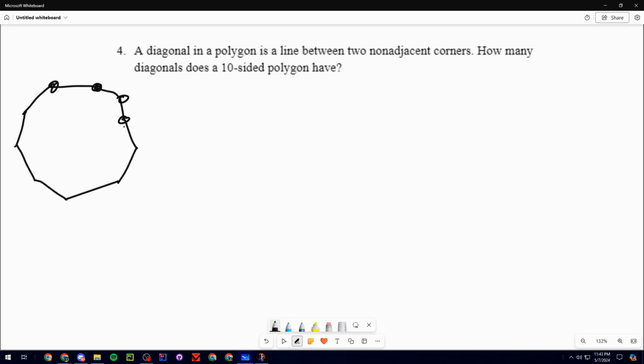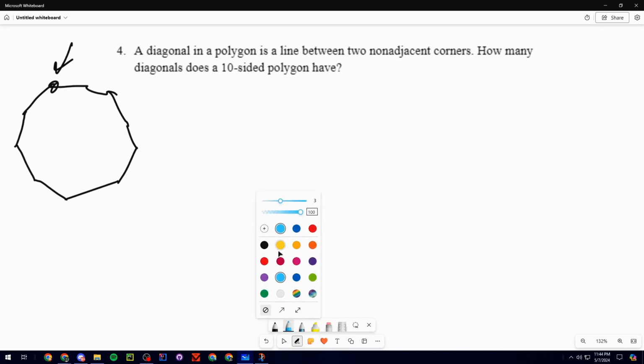So the big thing is, if we want to find a diagonal, what's the definition of a diagonal? Well, it gives you it in the first part of the problem. It's just a line between two non-adjacent corners. So what does that mean? Let's just take a point, pretty much a random point. Can I choose adjacent things? No, I'm going to cross out the things that I can't choose.